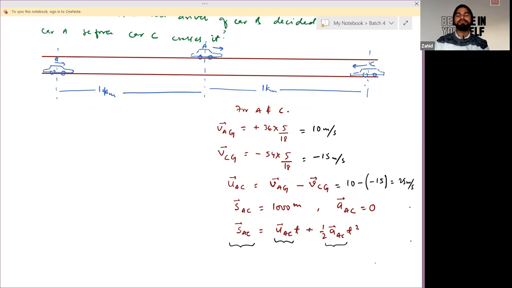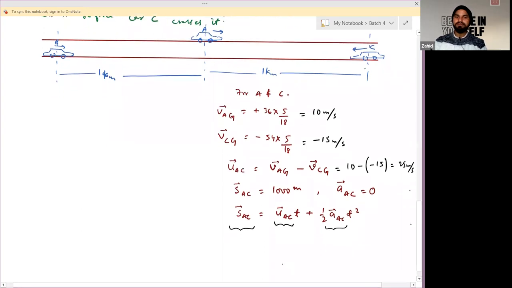Good, Raza. Good, Nabila. As we have S is equals to 1000, U is equals to 25 into T, acceleration is 0. So you will get 40 seconds on simplifying this.